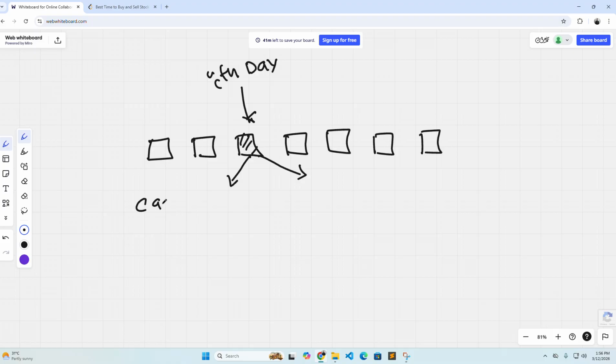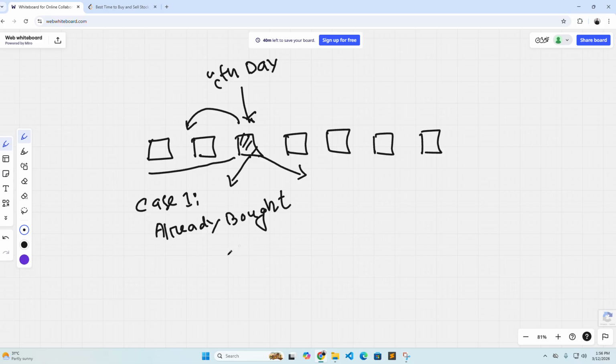Case 1: you have already bought a stock before the ith day. In case 1, you have two choices: either you can sell the stock on the ith day, or you can ignore the day.